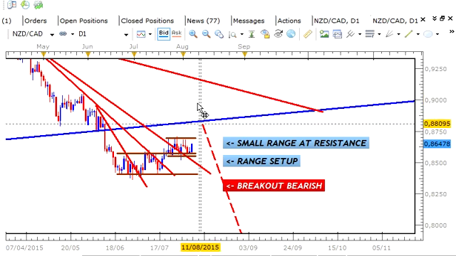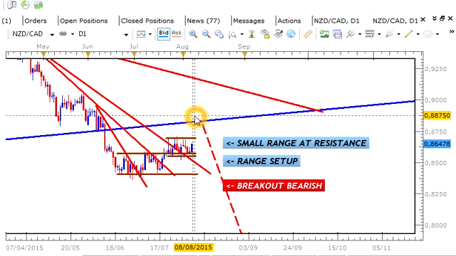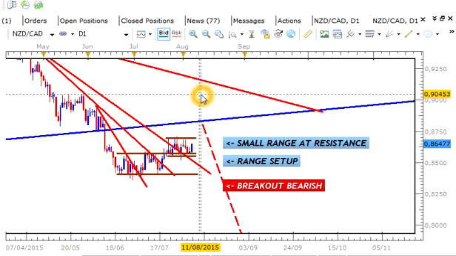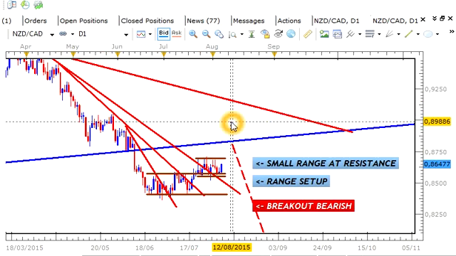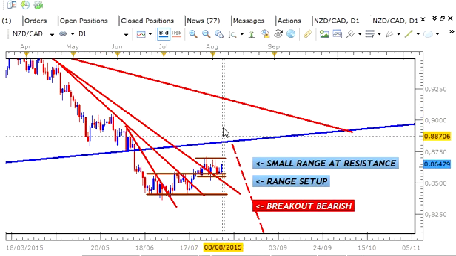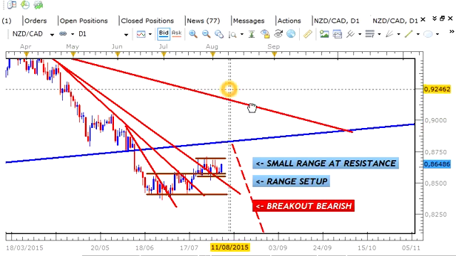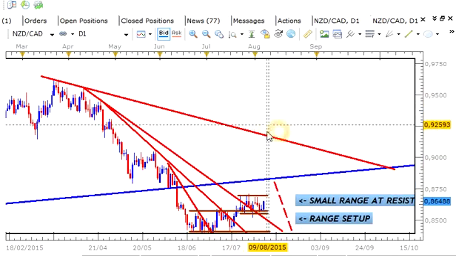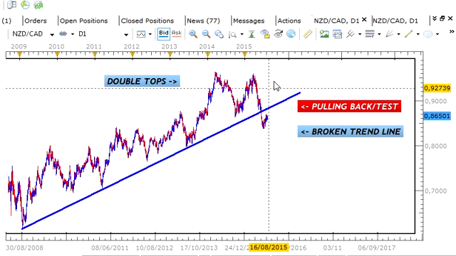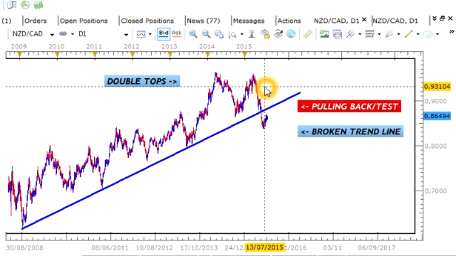However, we must also always consider the possibility that the market could reverse and break above this trend line as well as above this somewhat major downtrend line, to continue the movement bullish. However, that is the less likely scenario right now.